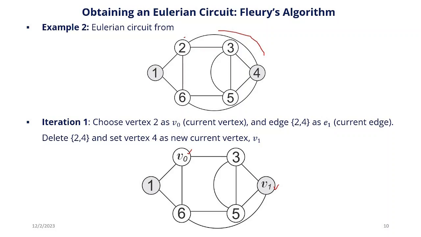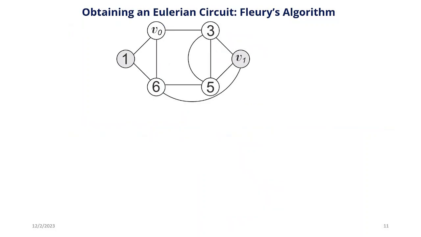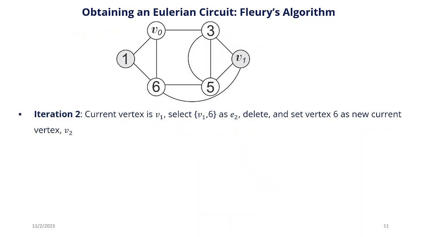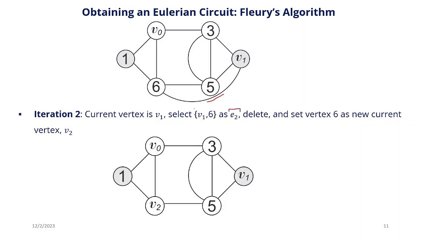So we already have V0 and E1 as a part of T, and then we'll continue from the previous graph. So that's what we have here now. The current vertex is V1. Select edge 46, which is this one, delete it and set vertex 6 as the new current vertex V2. So we are now obtaining E2, and this is what we have.